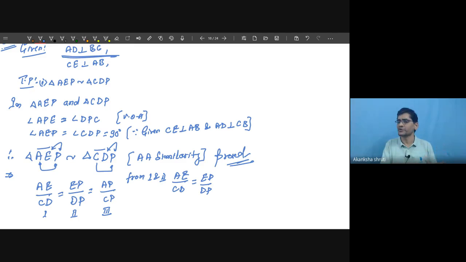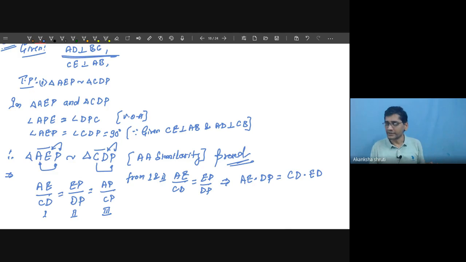Still you have to first prove the similarity, then you have to prove this ratio. Rather than writing in this form, it may also be written in the cross multiplication form. AE multiplied by DP is the same as CD multiplied by ED. Okay, in place of the multiplication symbol, sometimes only the dot symbol is given. That is also acceptable.